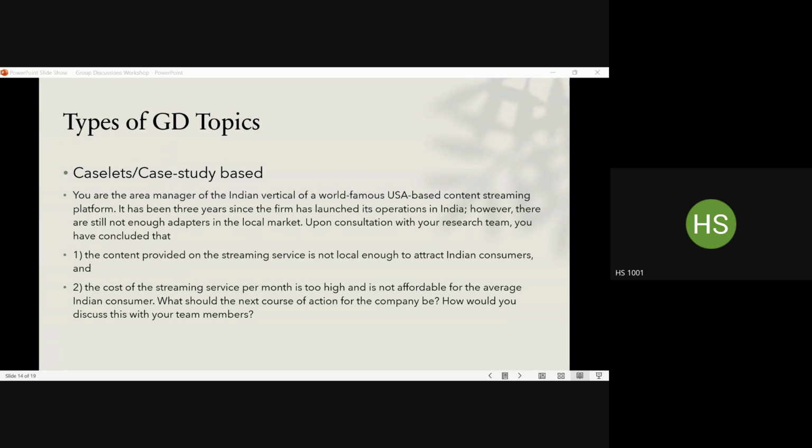I just want two suggestions, okay? One suggestion in terms of how it can be more affordable, one suggestion in terms of how there can be more local content. Everybody understood the question, no?